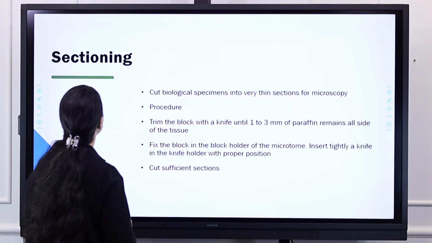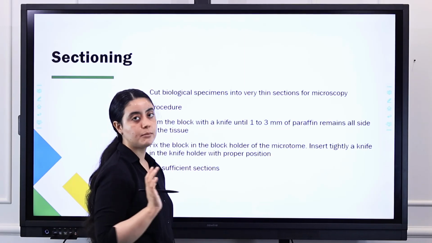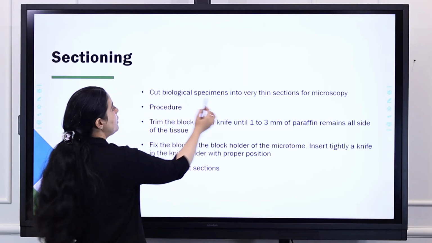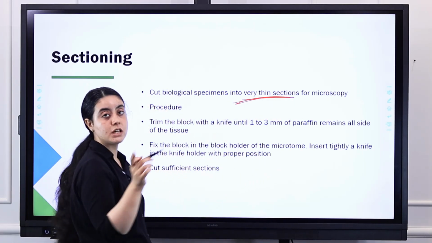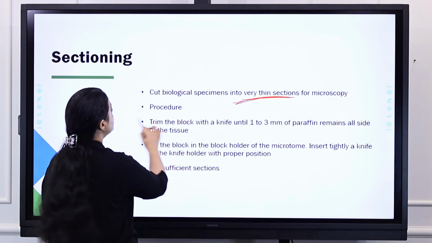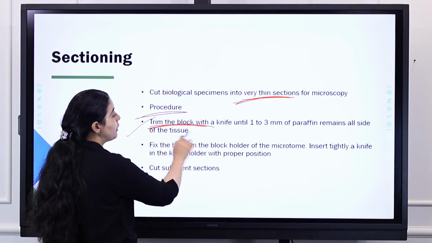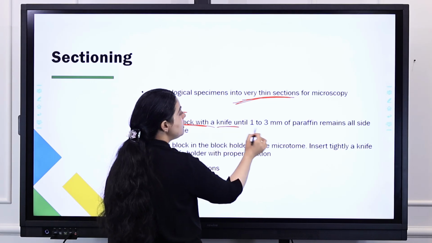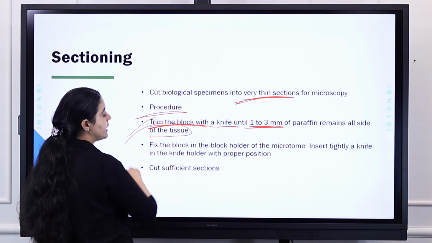Now sectioning. Now you have to do the sectioning of your embedded block. So we cut biological specimens into very thin sections for microscopy, which I've already told you, which we do with the help of the microtome, right? So what is the procedure? We have to trim the white block with a knife until 1 to 3 mm of paraffin remains on all sides of the tissue.